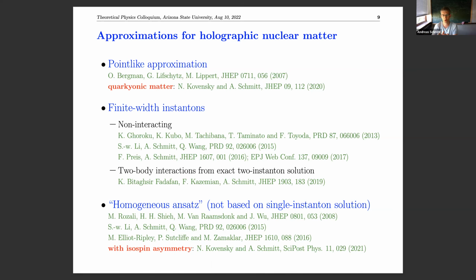We just write down a very simple ansatz that creates topological baryon number, but which is not based on the single instanton solution. I will briefly show you in an equation how this looks. And this is the ansatz I'm going to use for introducing isospin asymmetry and constructing the neutron stars. So that's the theoretical background of the main results later.